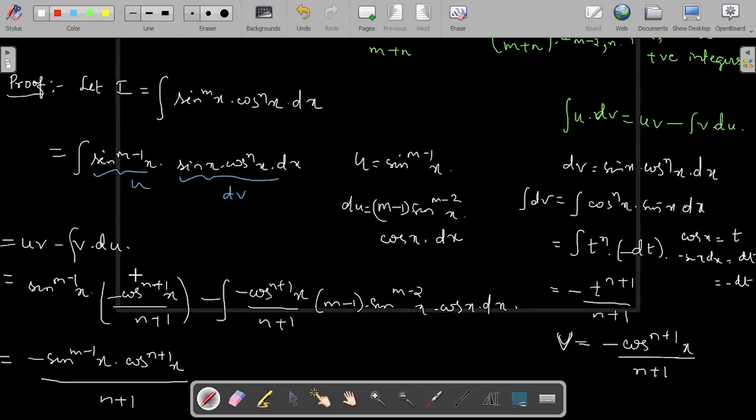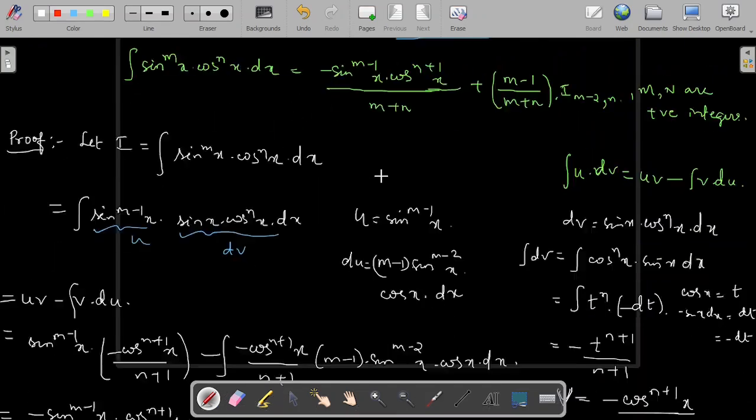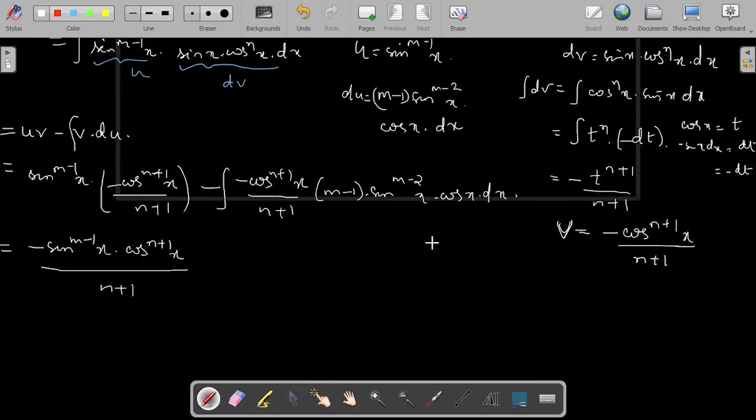See, the first term of the formula we already got. Now we need to get the second term of the formula. Here (m-1)/(n+1) is a constant, so let me keep it outside, divided by (n+1). Then here remains minus of minus, plus.